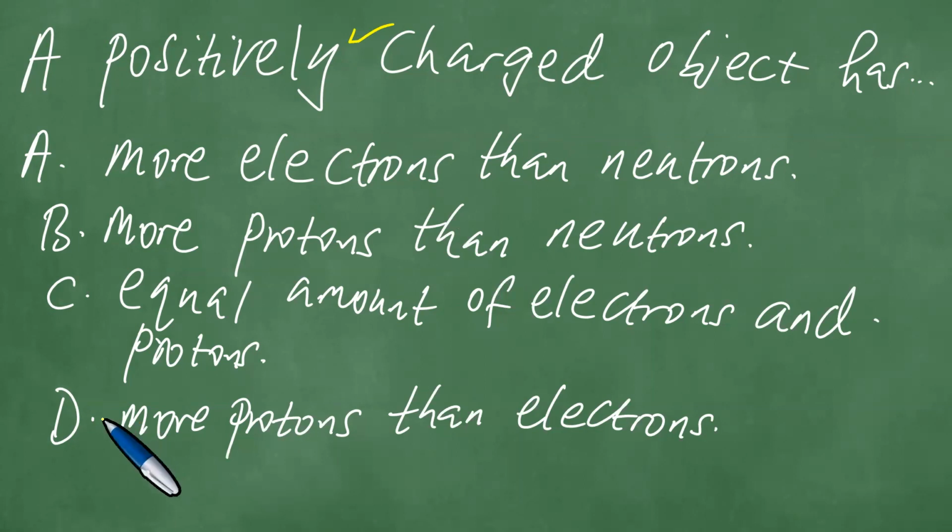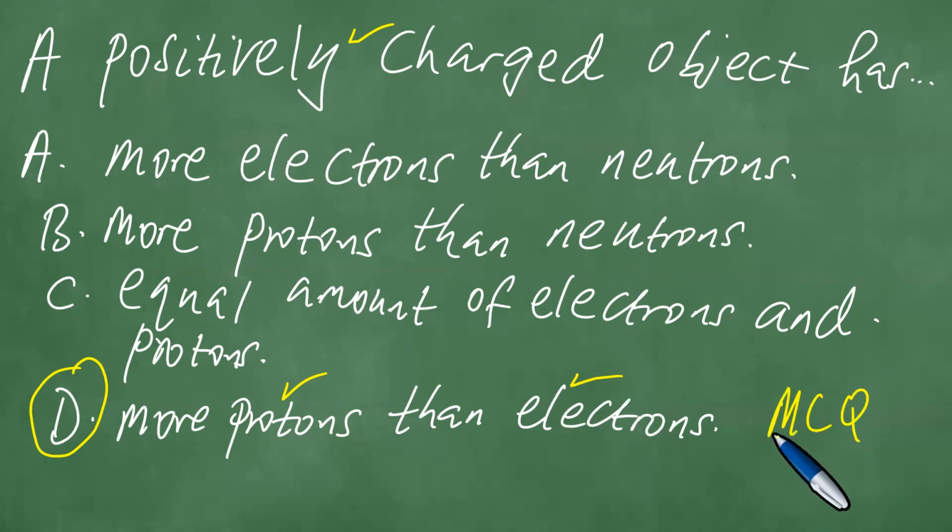So a positively charged object basically would have more protons than electrons. So the correct answer would have to be this one. This is like MCQ. MCQ is multiple choice question. So a positively charged object has more protons than electrons. It has more protons. That's why it's positive. Okay, next question.